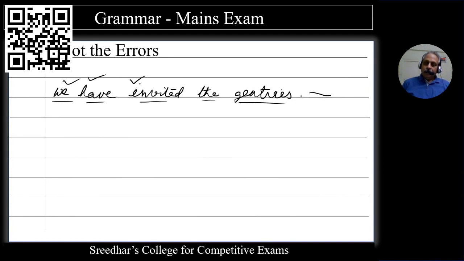I gave about 5 rules. One of the rules: some nouns are always in the singular form, but take a plural verb. And here, gentries is in the plural form. It is not correct. What is the correct sentence? We have invited the gentry. That is a correct sentence. Let me give one more example.